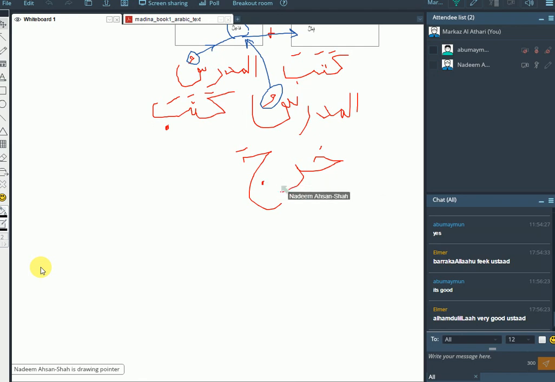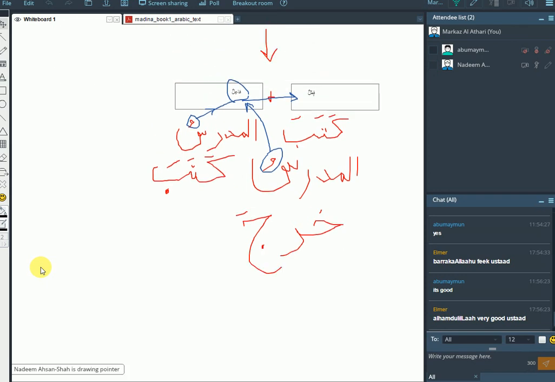Brothers, this verb here, kharaja, is left alone without any mention of explicitly who left. Then the Arabic language is powerful enough to allow us to assume huwa.